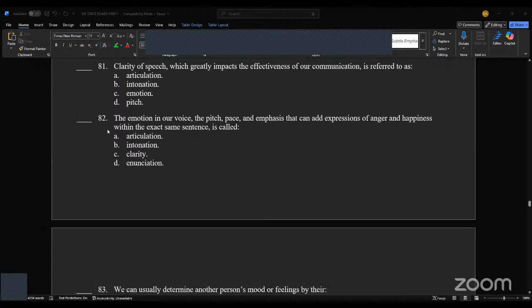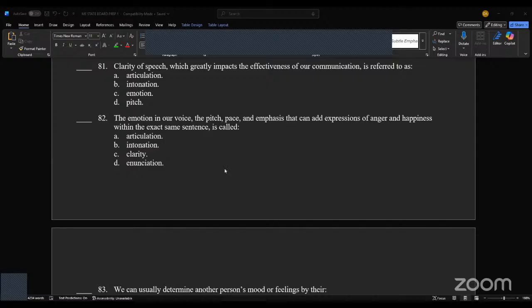82, the emotion in our voice, the pitch, the pace, the emphasis that can add expressions of anger and happiness within the exact same sentence is called, 82 is B, intonation. It's the emotion in the voice. You can go up or down, angry, all in the same sentence.